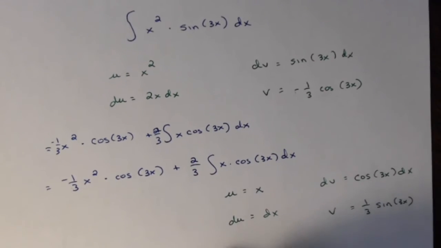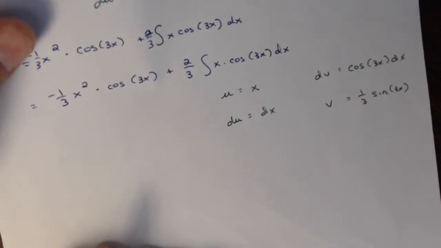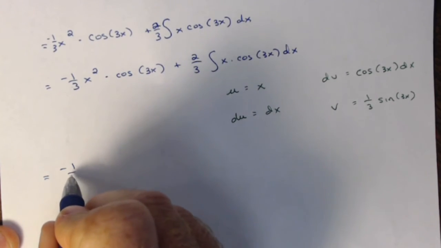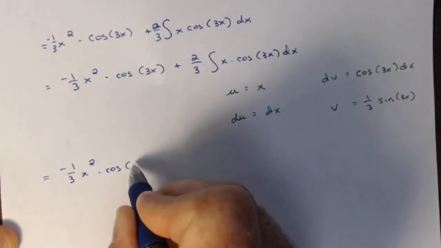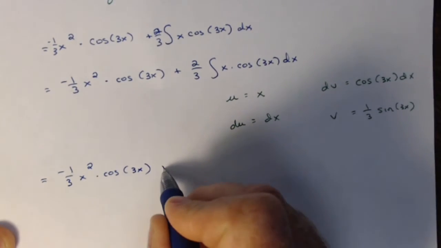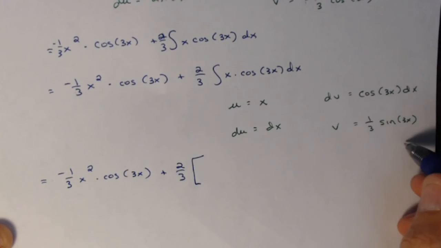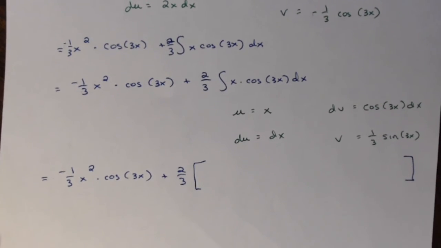So here we go. Here's our answer now. Equals -1/3 x squared times the cosine of 3x plus 2/3. And in here is going to be our integration by parts.